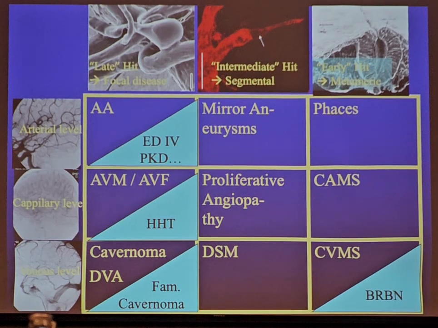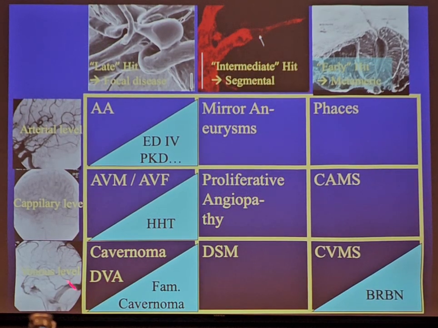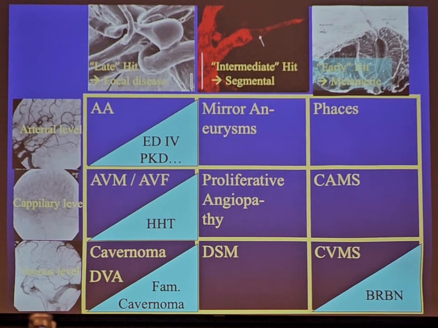Cavernomas, familial cavernomas, segmental diseases, metameric diseases, genetically determined metameric diseases. And of importance, as in everything in medicine, these are not fixed and rigid boxes, but a spectrum of diseases in the various forms.